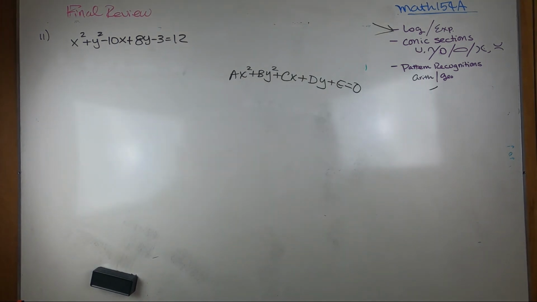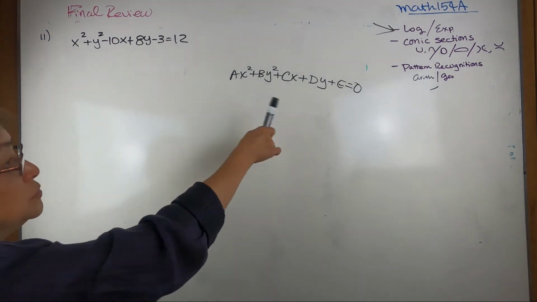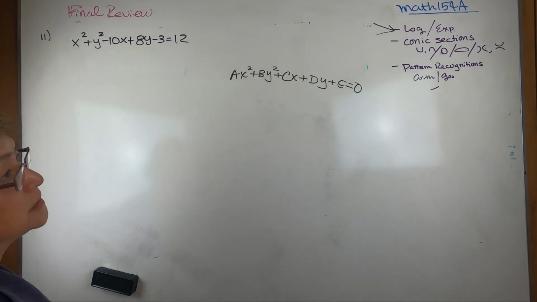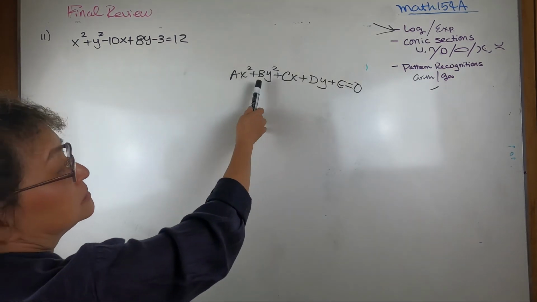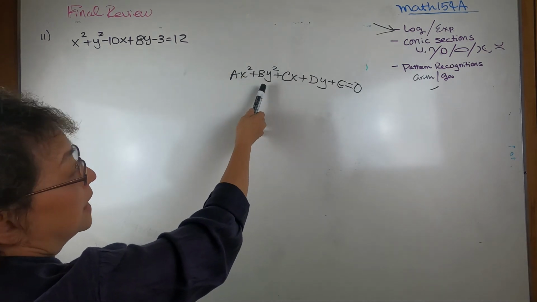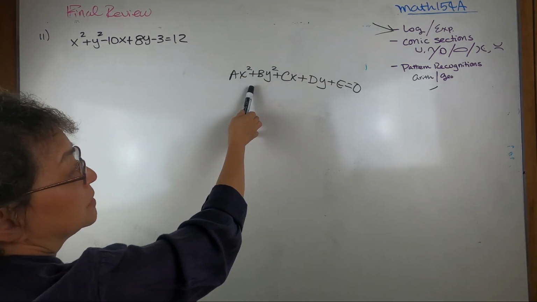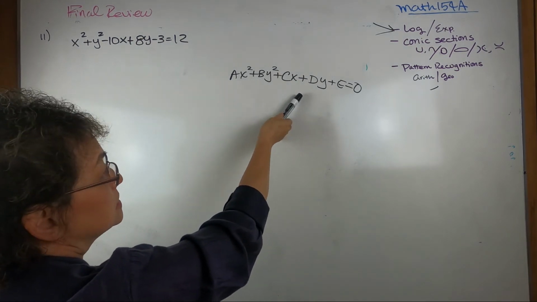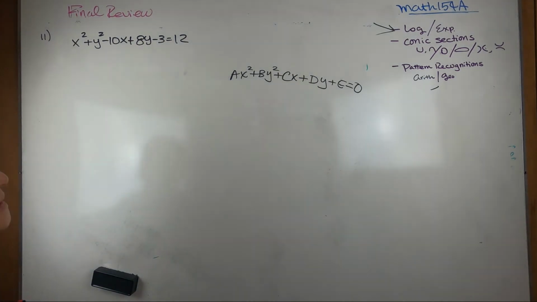The kind of second degree equations for x and y, then it can be a line or parabolas or circles or ellipses or hyperbolas.